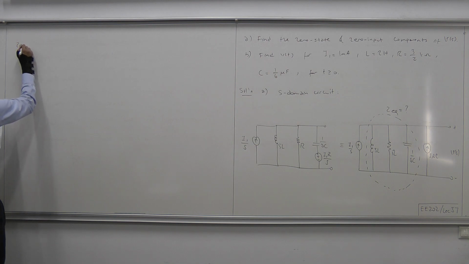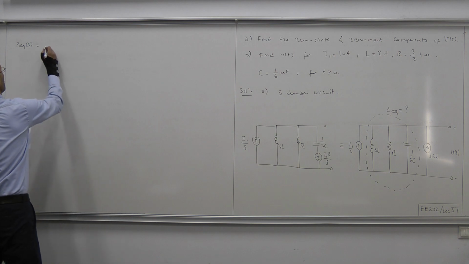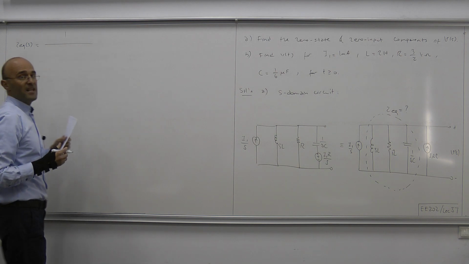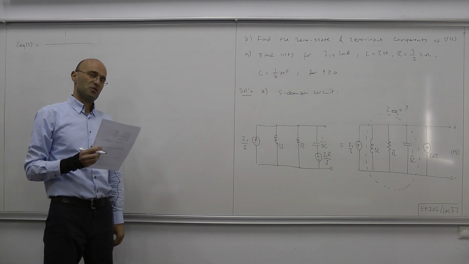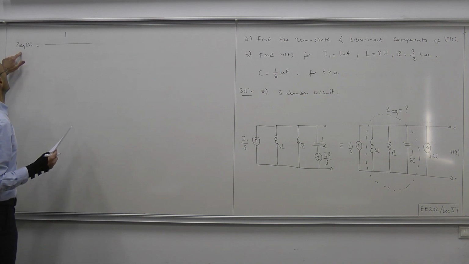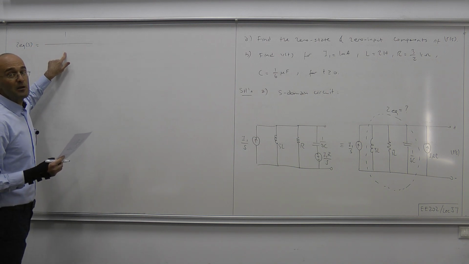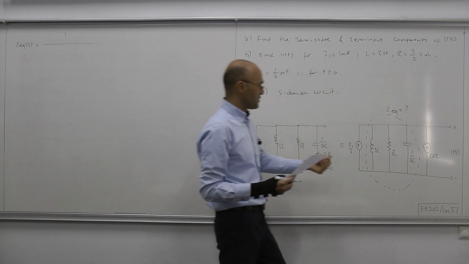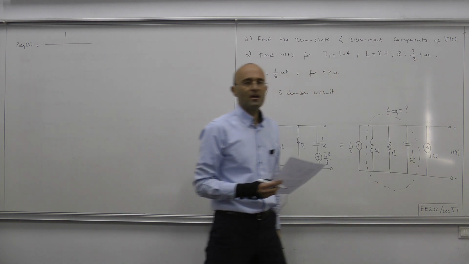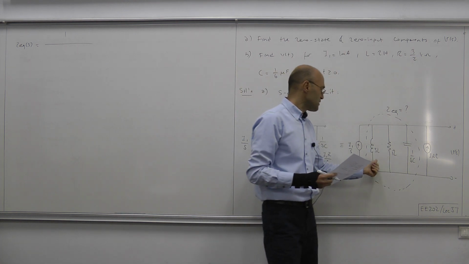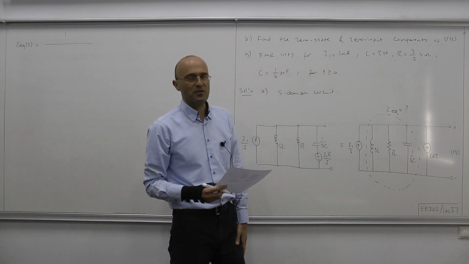Now Z equivalent equals 1 over the equivalent admittance. Okay, equivalent impedance equals 1 over the equivalent admittance, and equivalent admittance, since we have parallel connections, simply is the sum of individual admittances.